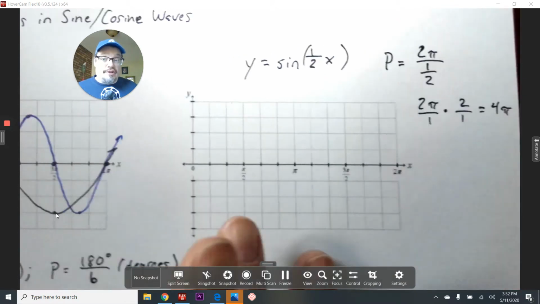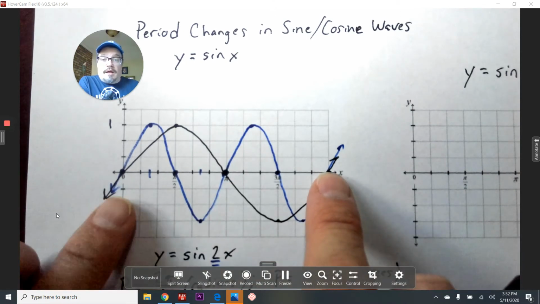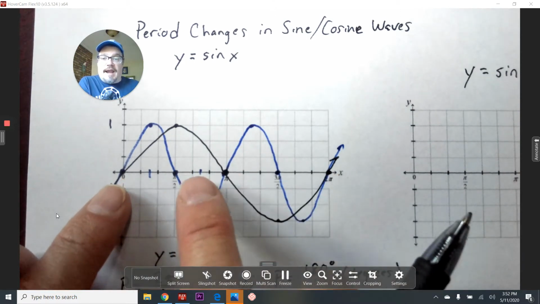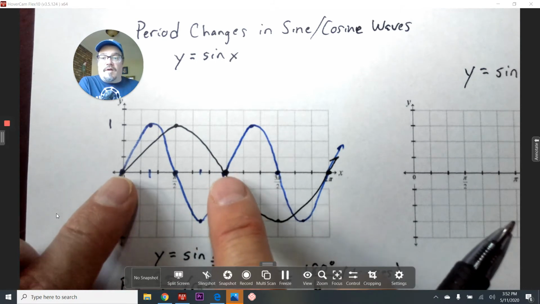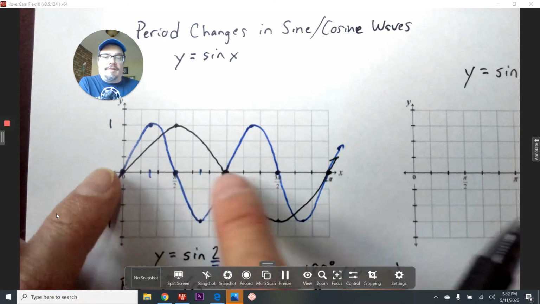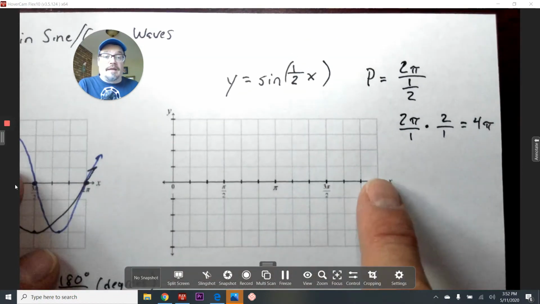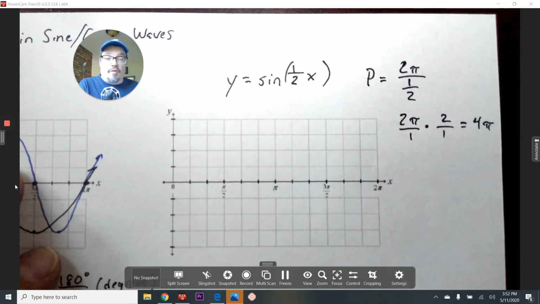So to go back to this black wave here, a normal sine of x, what happens is that I'm only going to see this front half. I'm only going to see the first half of the sine wave being stretched from 0 to 2 pi, because the second half is going to be underneath here and going all the way to 4 pi.